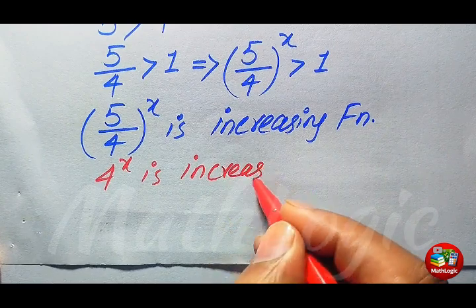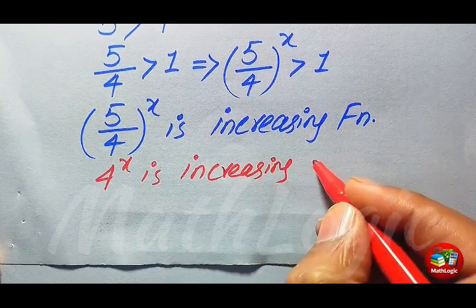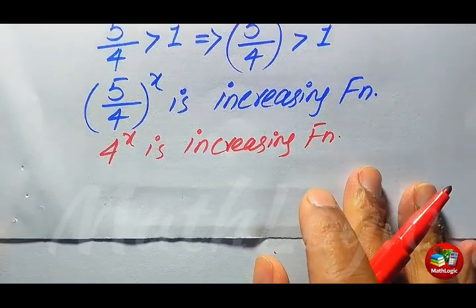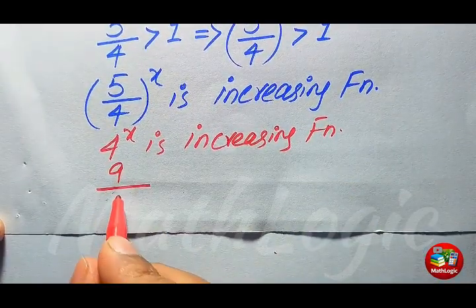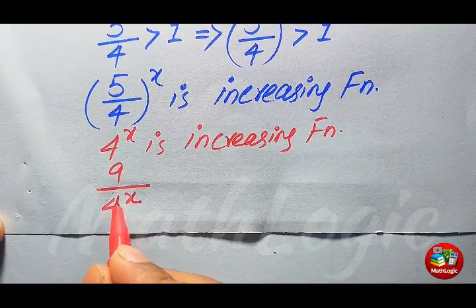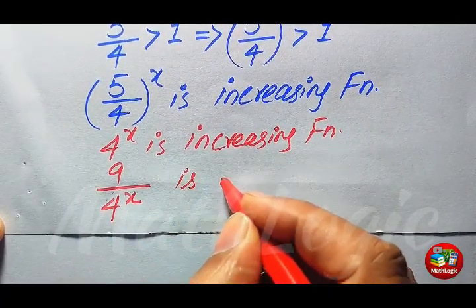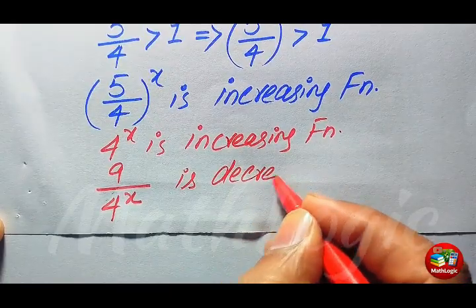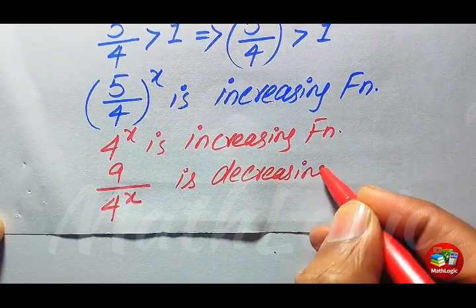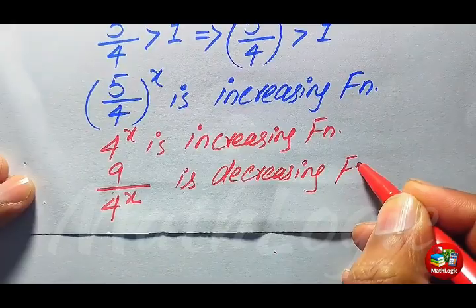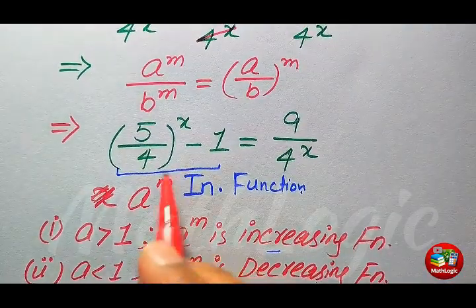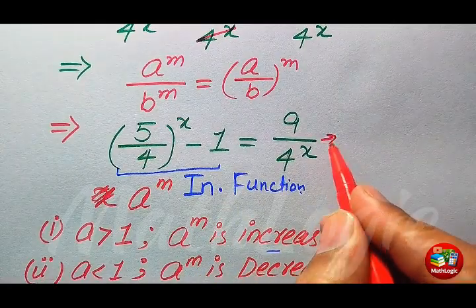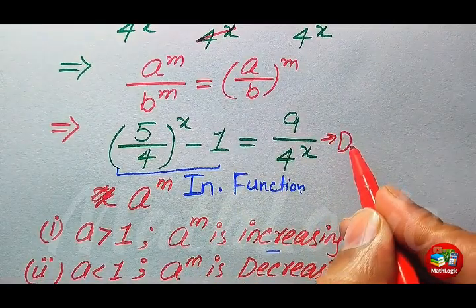But when we divide any constant number by an increasing function like 9 over 4 to the power of x, then this becomes a decreasing function. So now our left hand side is an increasing function and our right hand side is a decreasing function.